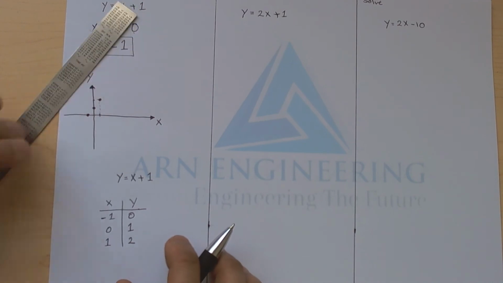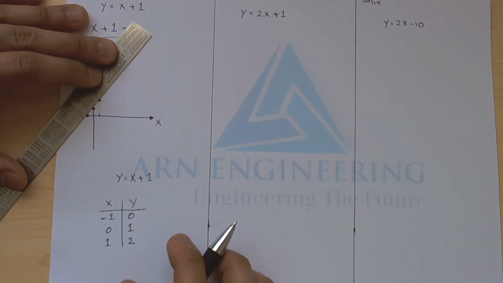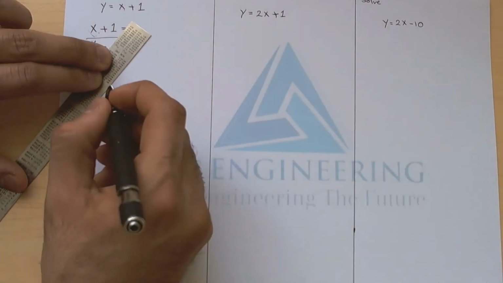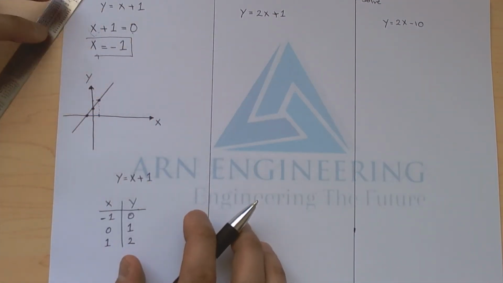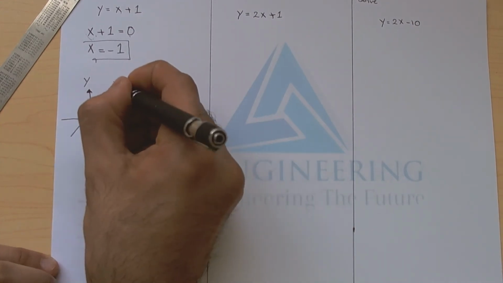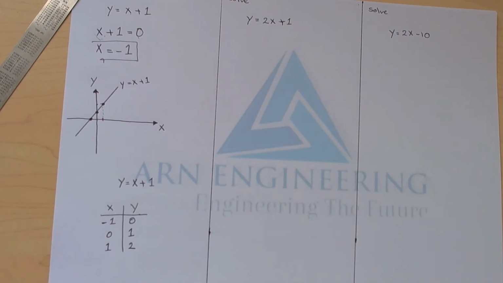Okay, now we have more than enough points to draw a line, and we know it's a line because it's a linear equation, and we can further extend the line. So that's our y equals x plus 1 line, right?